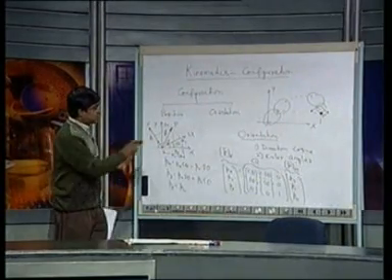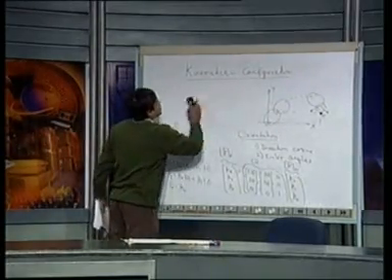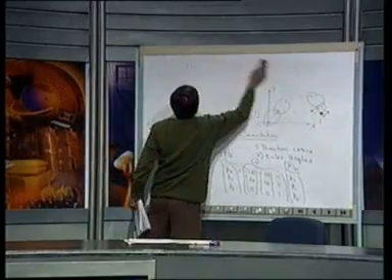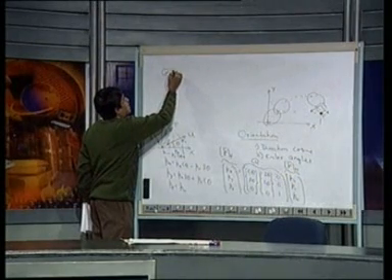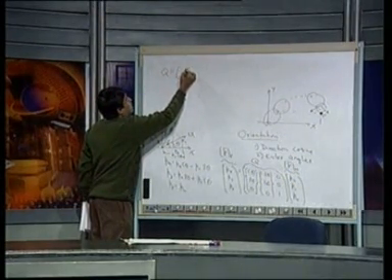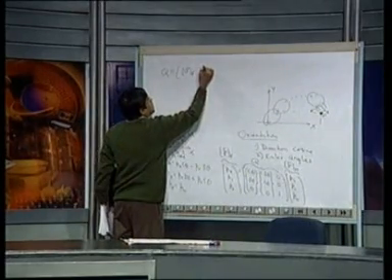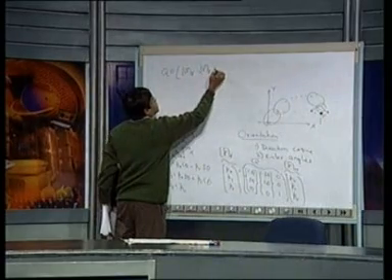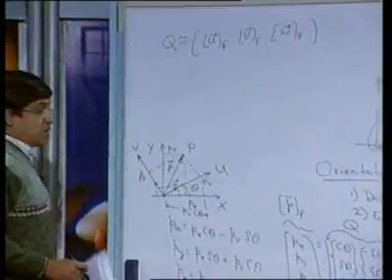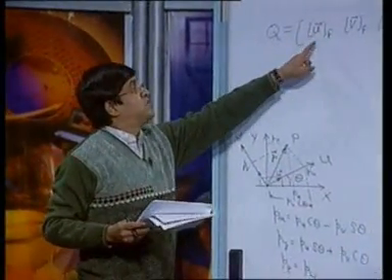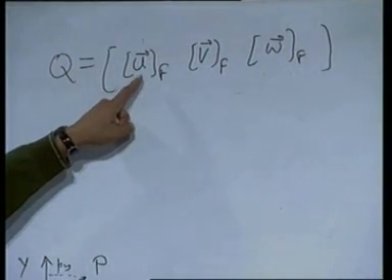So, the Q matrix is nothing but the unit vector u represented in the fixed frame, v the unit vector in the fixed frame, and then w in the fixed frame. So, the unit vectors along the axes of the moving coordinate frame, represented in the fixed frame.